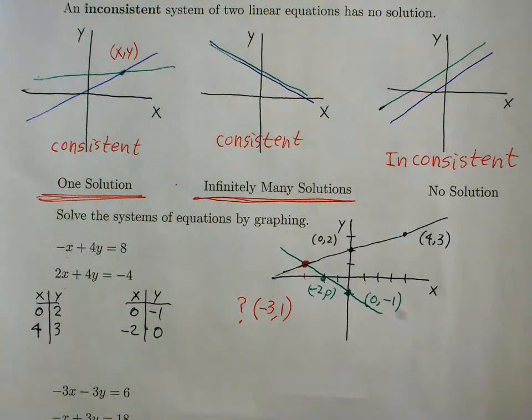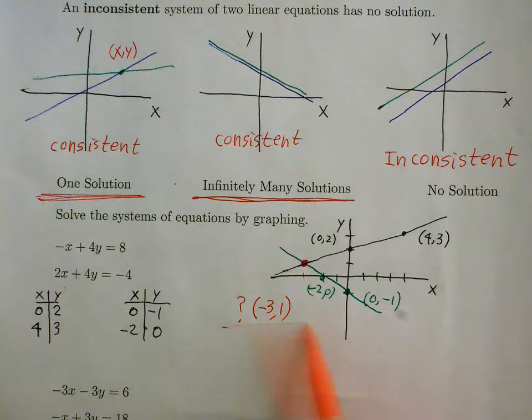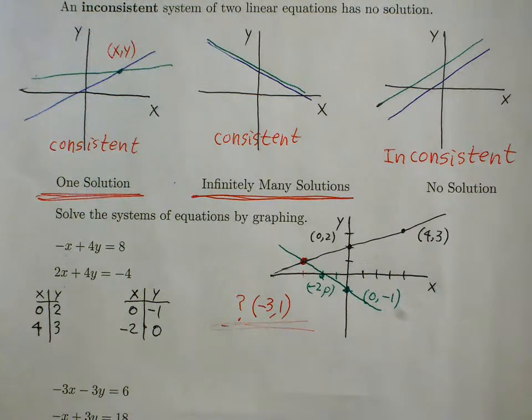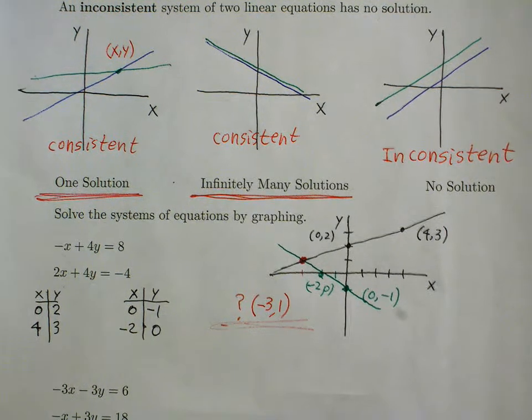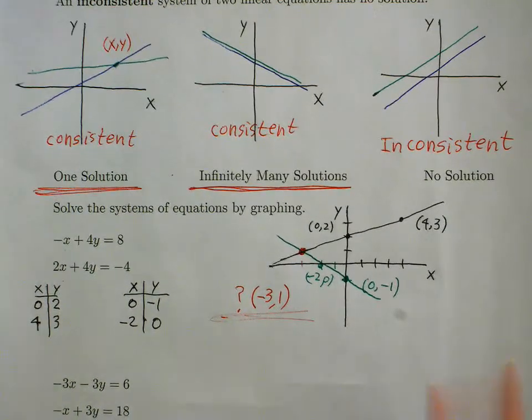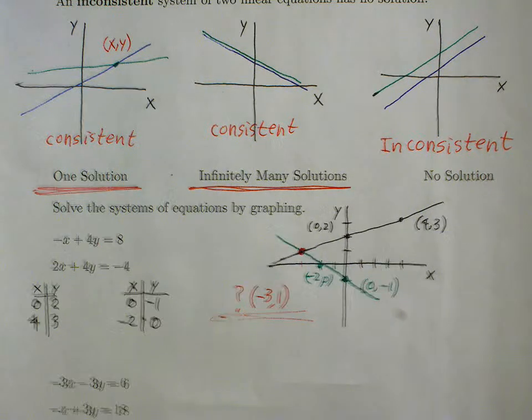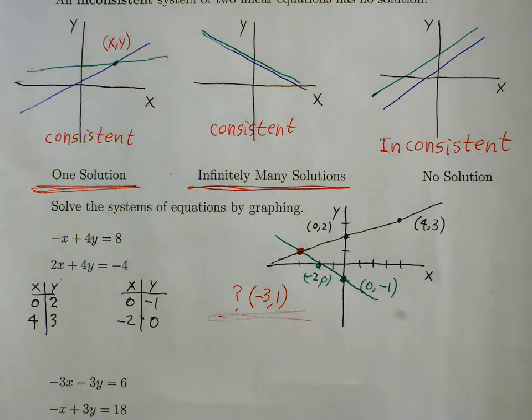So as you can see, solving by graphing is precarious. So a little bit later, we're going to learn how to solve systems using algebraic methods instead of by graphing, and the algebraic methods are much better.